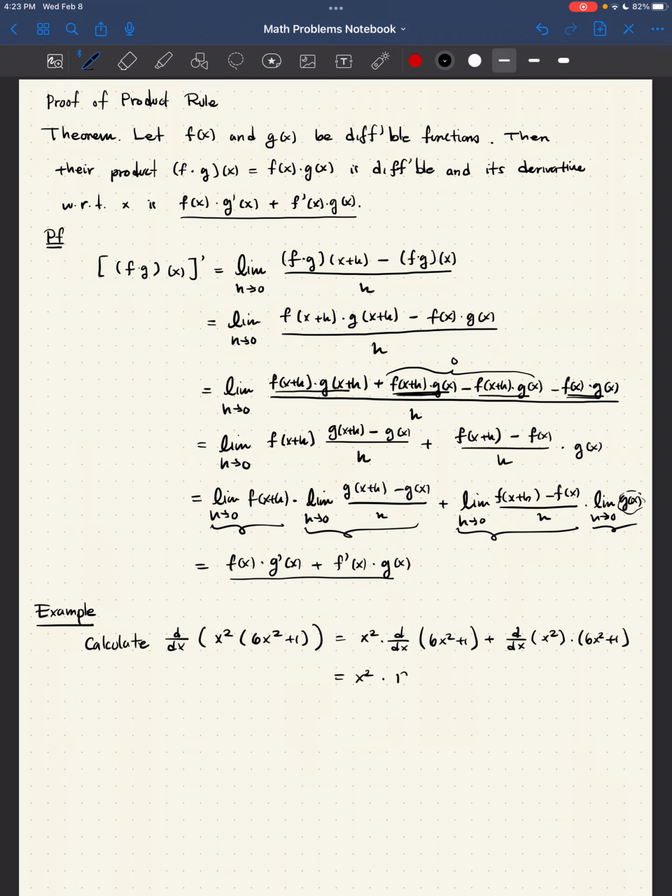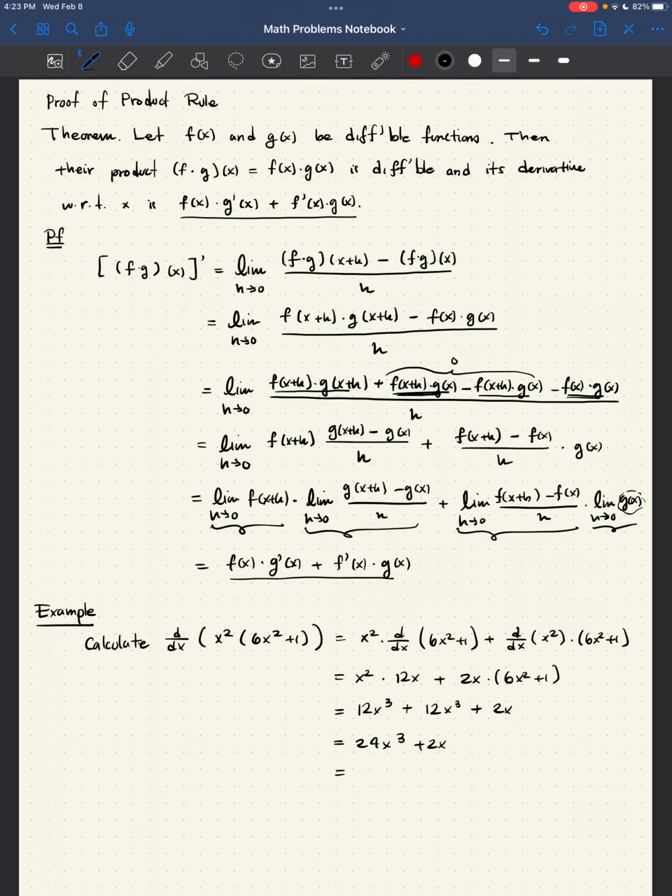Of course, this one is x squared times 12x plus 2x times 6x squared plus 1, which we can simplify to 12x cubed plus 12x cubed plus 2x, which of course you can write as 24x cubed plus 2x.